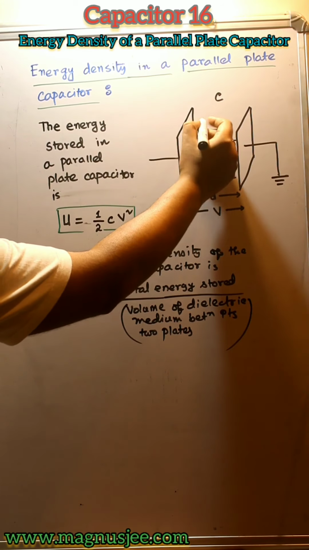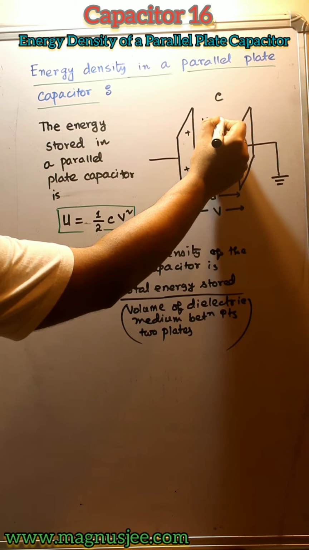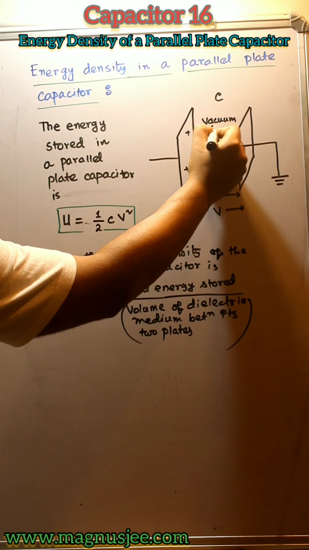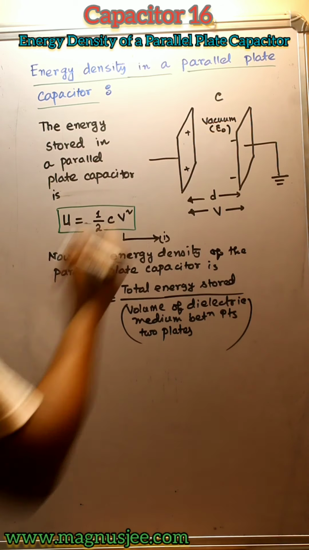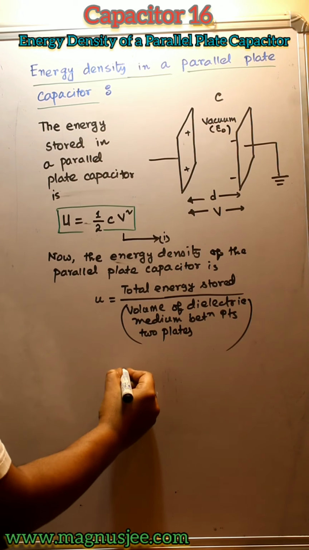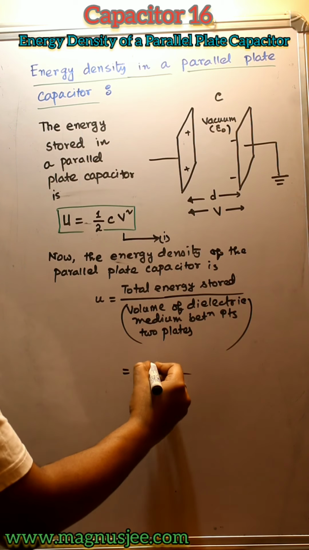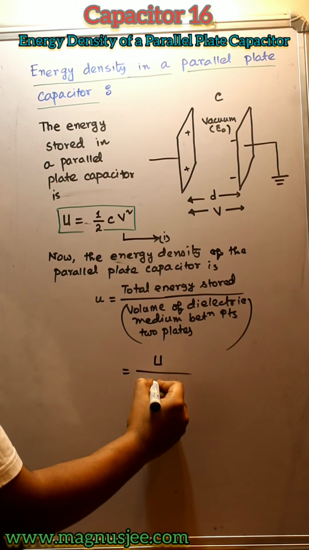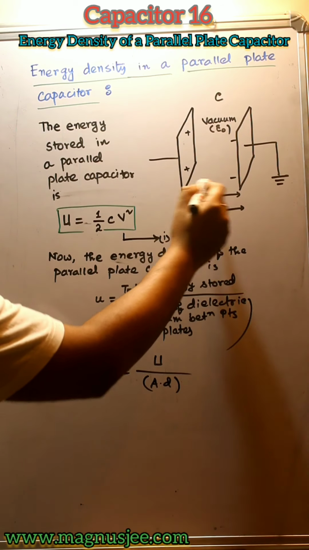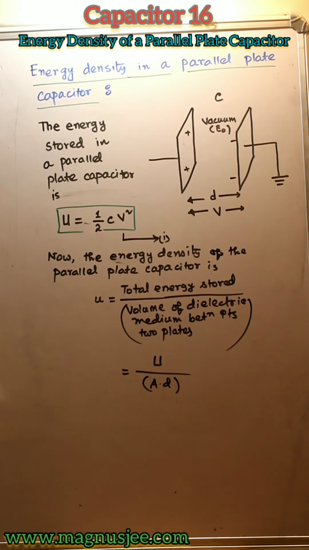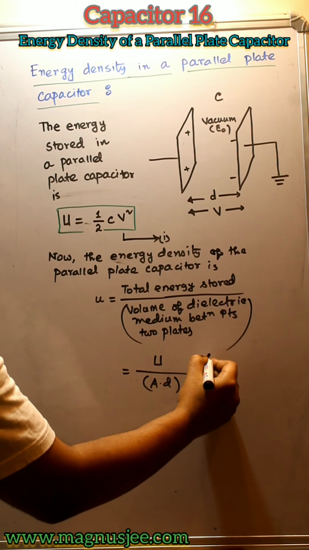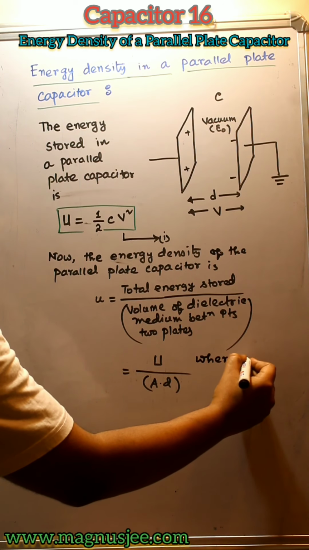So here we can assume that the dielectric medium is vacuum having permittivity epsilon 0 between these two parallel plates. Epsilon 0 is the electric permittivity of free space. So u equals capital U divided by A into D, where D is the distance between the two plates and A is the area of cross section of each plate.